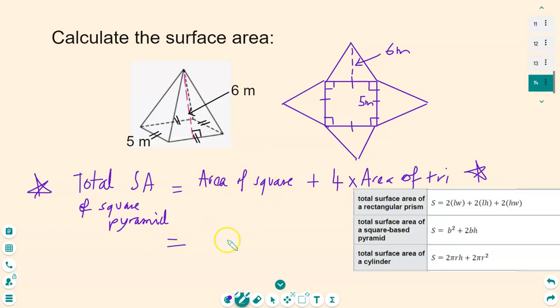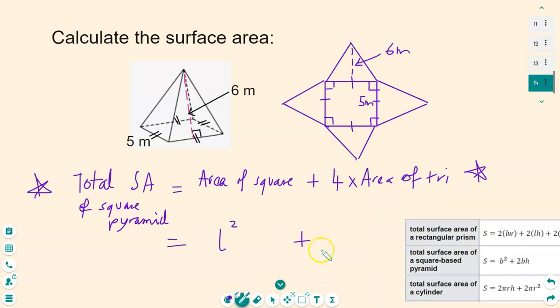Area of a square. Well, that's side squared, sometimes known as L squared, whatever you like. Now, what's the rule for area of a triangle? So we've got to do 4 times the area of a triangle. We know that that is half times base times height. So there's a 4 here because there's 4 triangles, the same size.